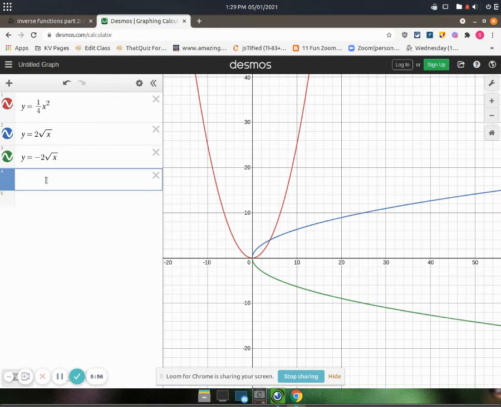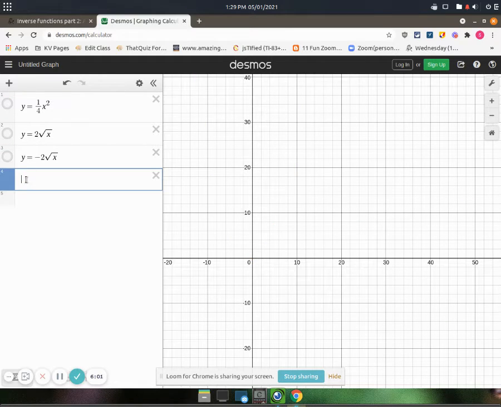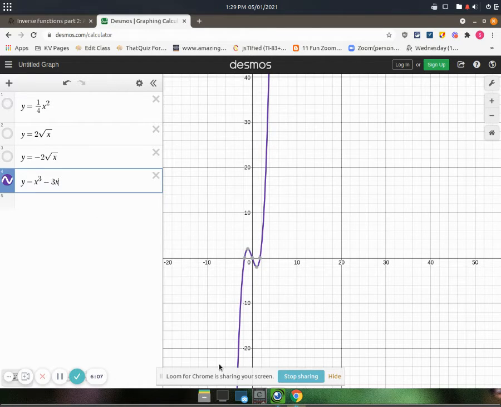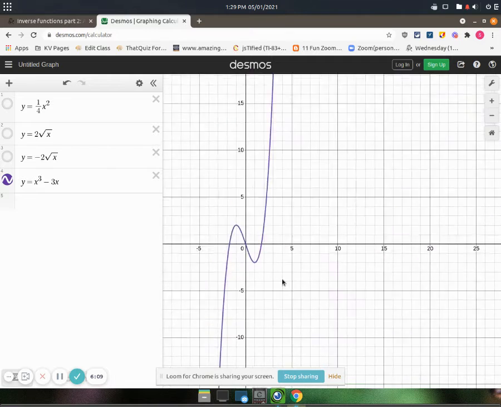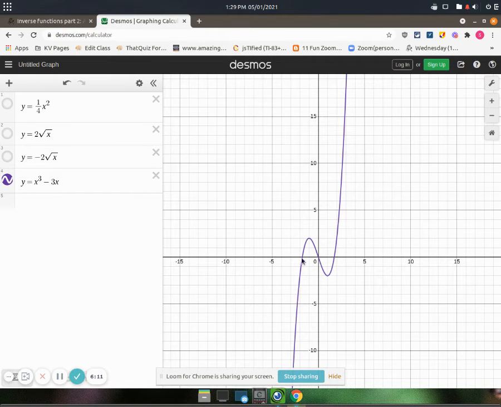Like for instance, if I gave you some cubic here, y equals x cubed minus 3x, something like this. This thing fails the horizontal line test, so I guarantee its inverse is going to fail the vertical line test. See here, there's one y value here that's repeated 3 times.